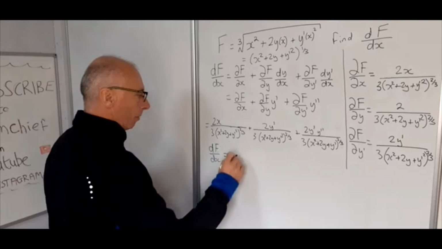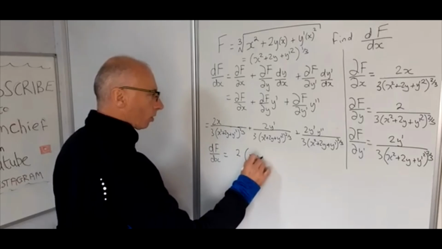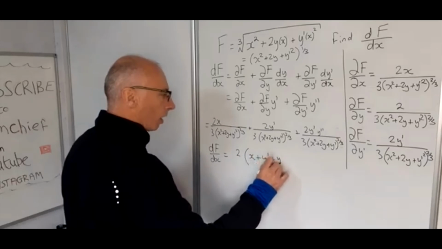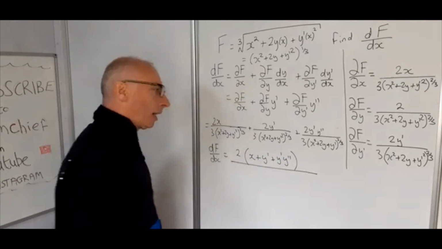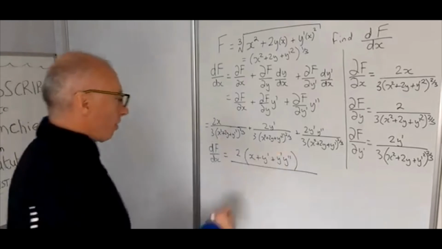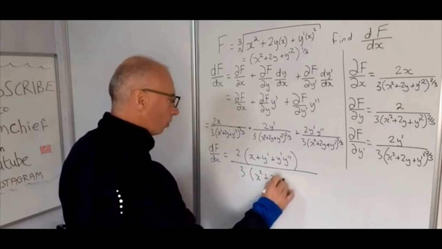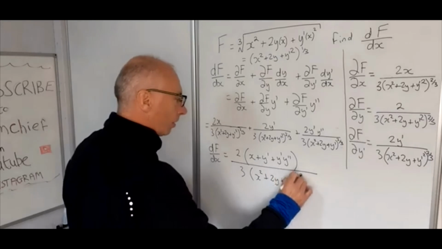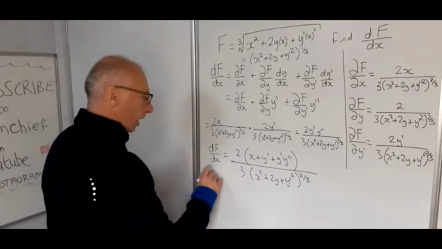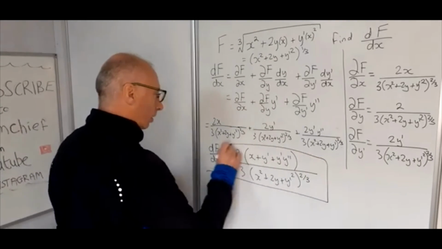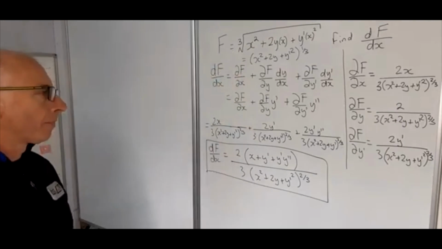So we can maybe factor that out a little bit and put that as a 2 times x plus y prime plus y prime y double prime. And then we just multiply by 1 over 3 times x squared plus 2y plus y prime squared to the power of 2/3. And that's going to give us the answer to the total derivative of this.